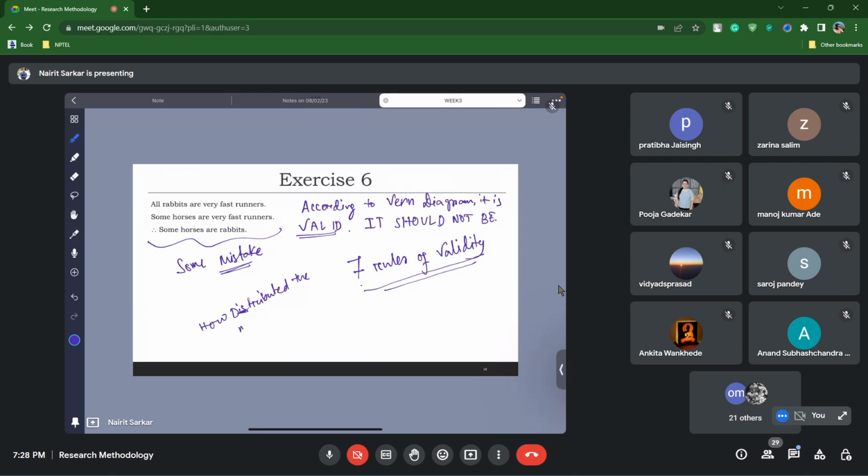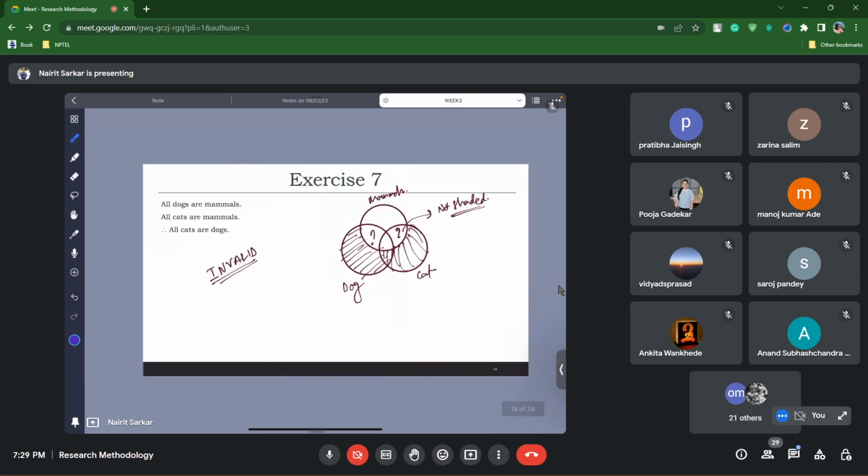So what is distributed, we'll analyze it in the next class. Till now it is a very important example which is valid but it should not be.